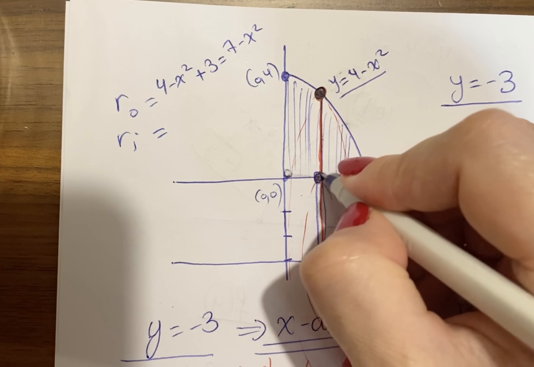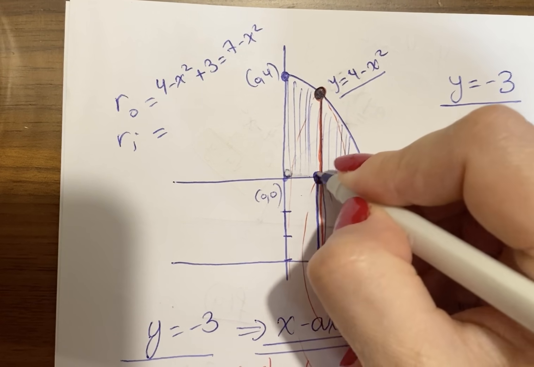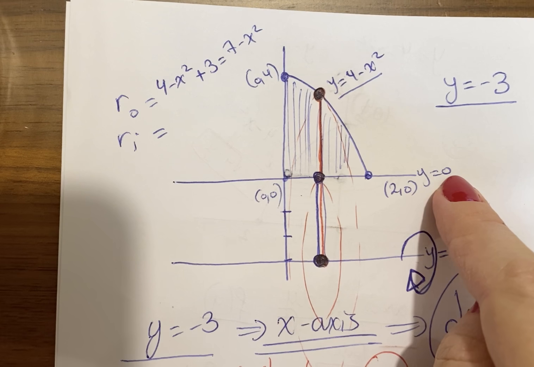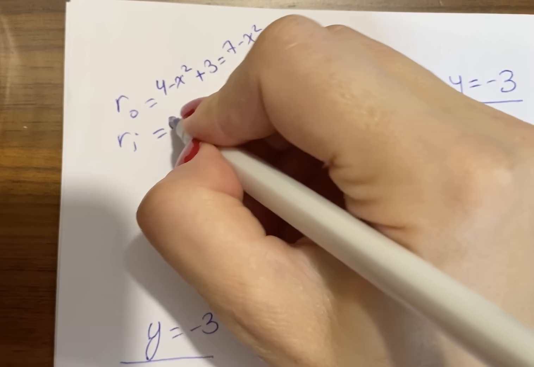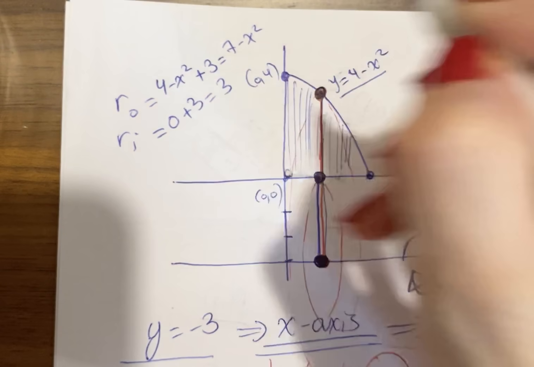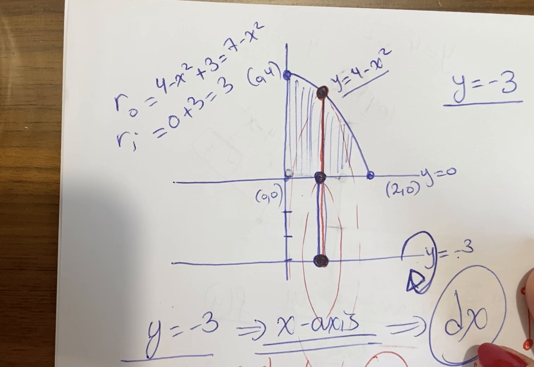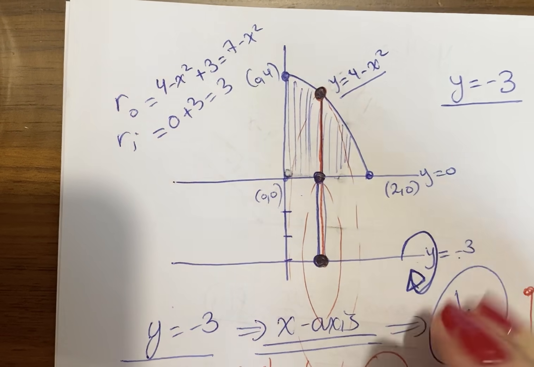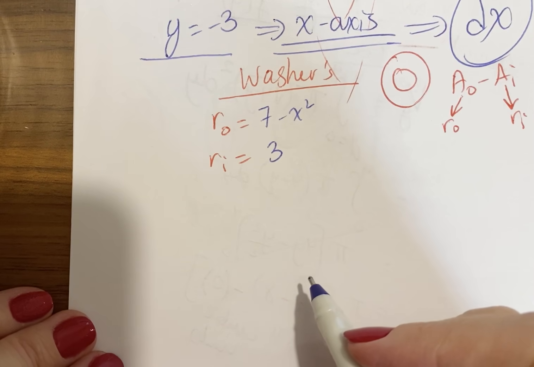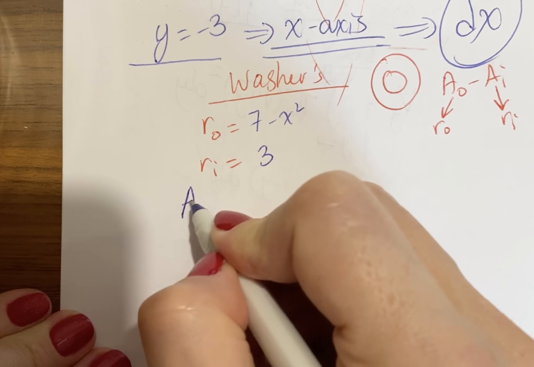What's the inner radius? This is the inner radius. The upper is y equals 0. The lower is y equals minus 3. So 0 minus minus 3 is 0 plus 3, which is 3. So we got the outer radius and the inner radius. And then what does the formula say for the area of a donut?